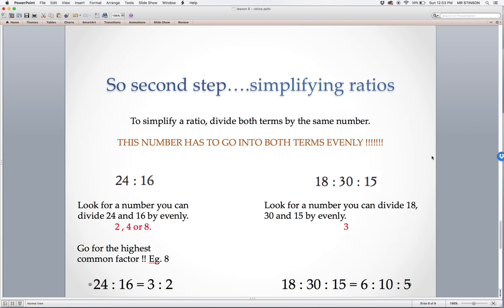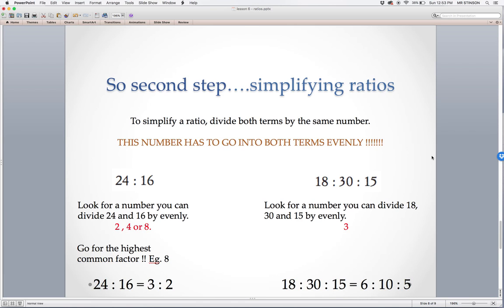So if the three factors were 2, 4, and 8, go for the highest one, 8. So to simplify the ratio 24 to 16, we divide both terms by 8, and our simplified ratio becomes 3 to 2, as 24 divided by 8 is 3, and 16 divided by 8 is 2.